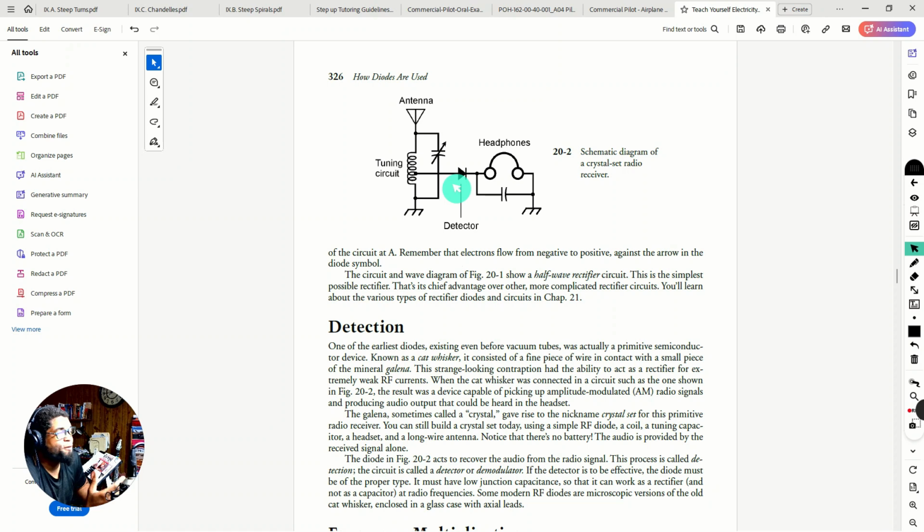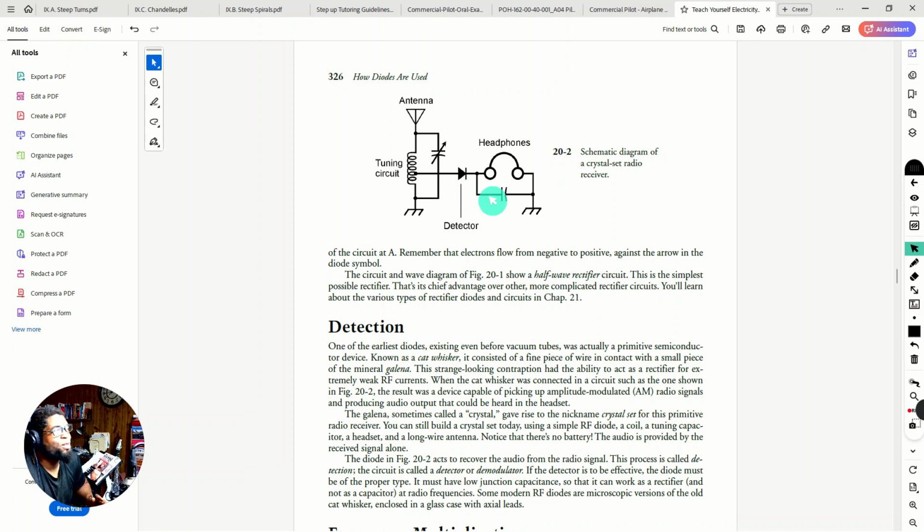This being our receiver, the job of the diode in this situation is to take out the carrier frequency, much like what we saw with rectification, where it cuts the signal in half. In this situation, the diode is going to remove the carrier frequency, or cut the carrier frequency in half, and then leave only the audio frequency left.